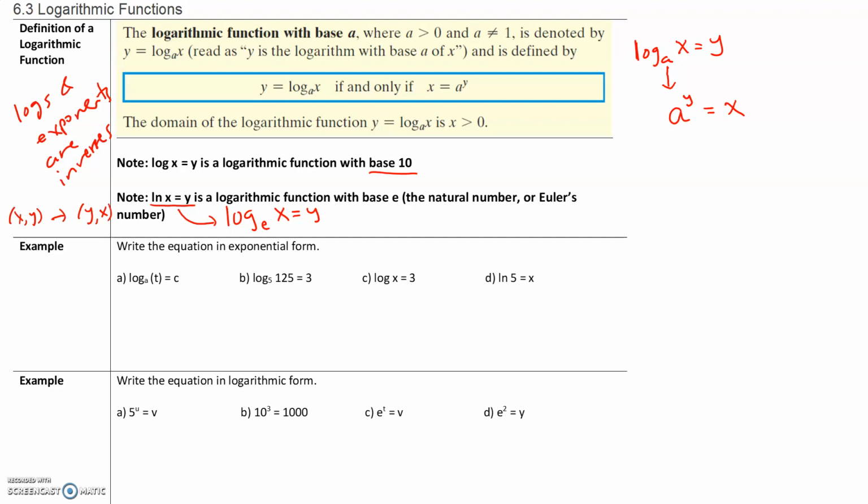Let's write the equation in exponential form. Each equation, we're going to write in exponential form. We have log base a of t equals c. So this is the logarithmic form. Now, when we write in exponential form, the base of the log becomes the base of the exponent. And the t and c are going to switch sides. They're going to reverse. So the c becomes the exponent, and the t becomes the answer.